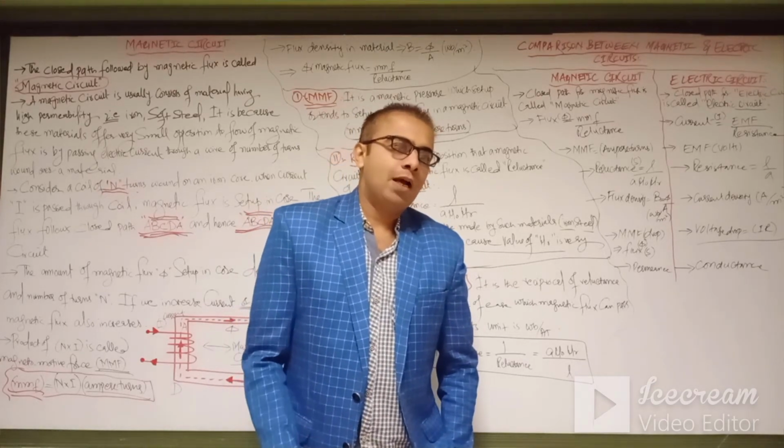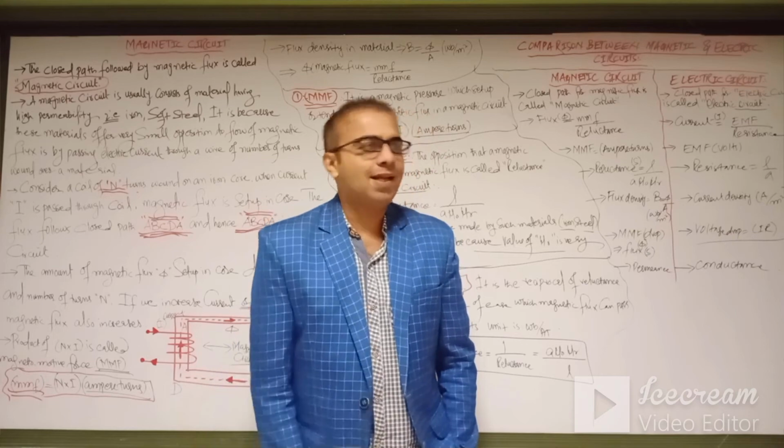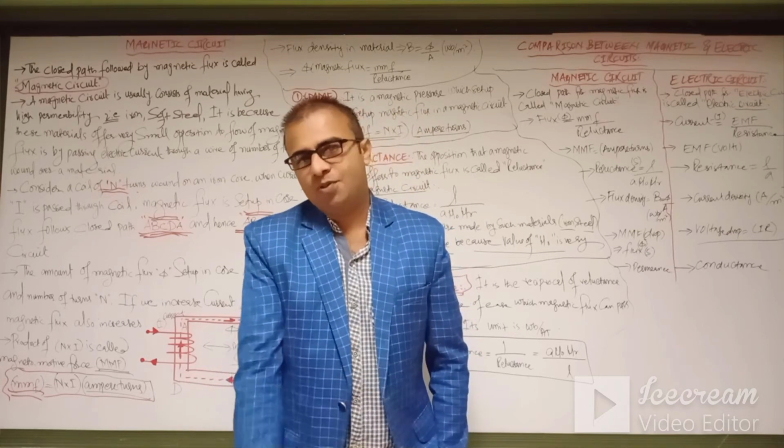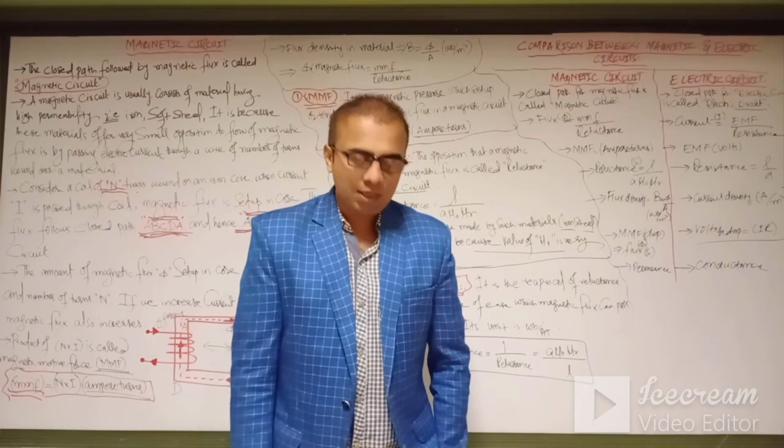Conductance is the opposite of resistance in the circuit, and permeance is the opposite of reluctance.